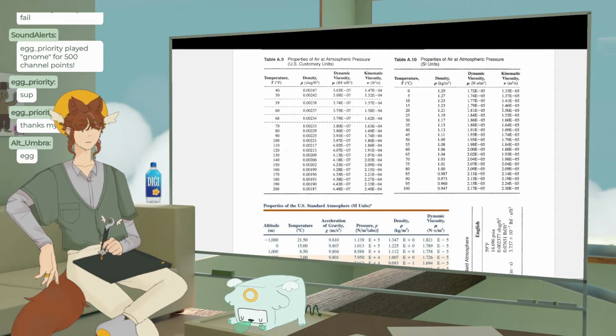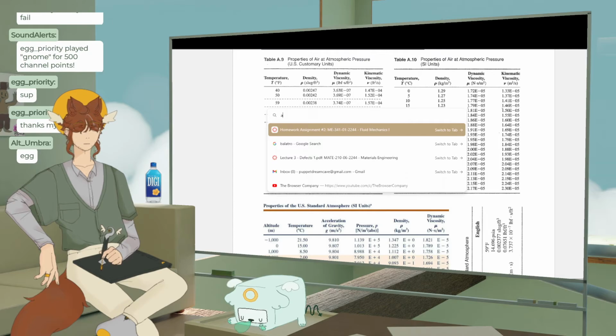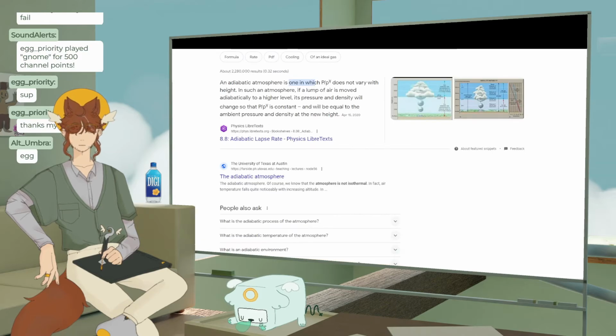An adiabatic atmosphere. P over density does not vary with height.